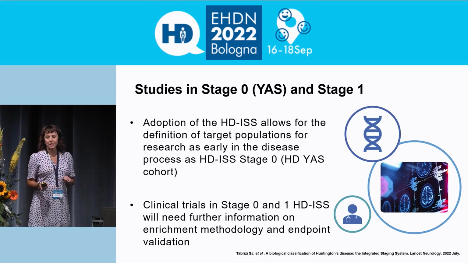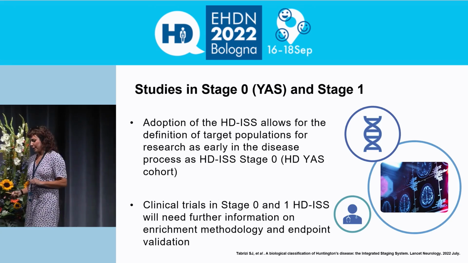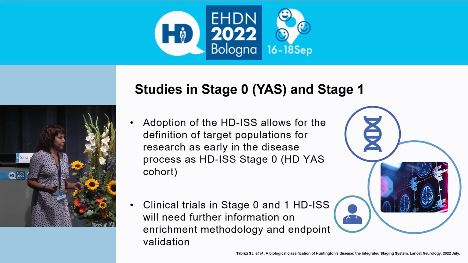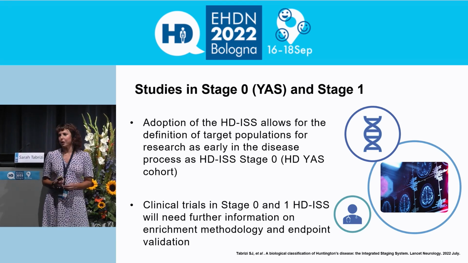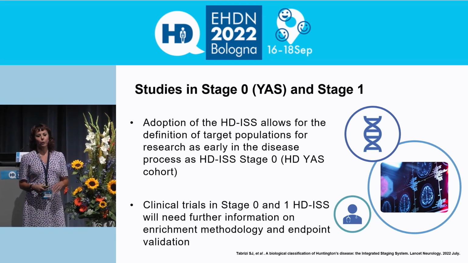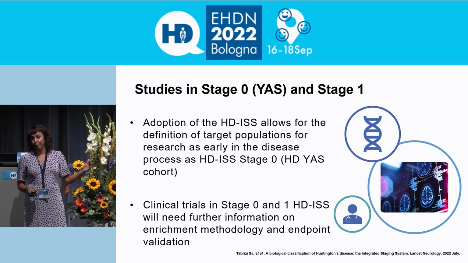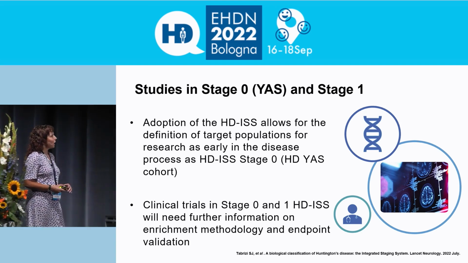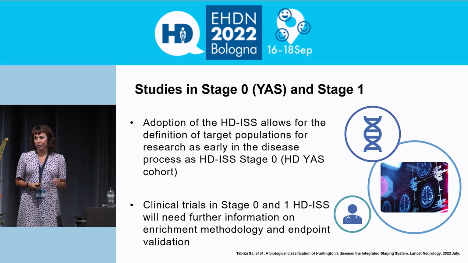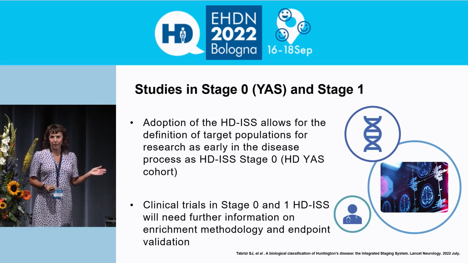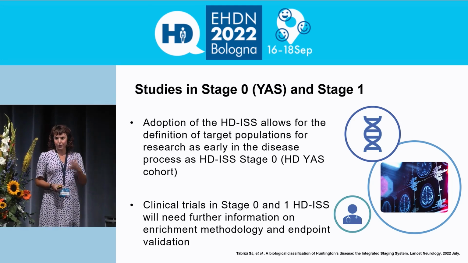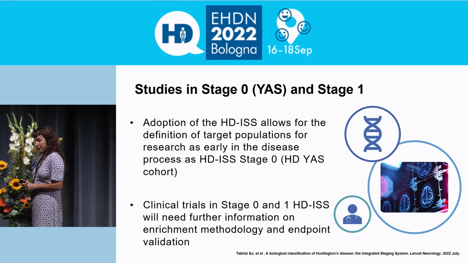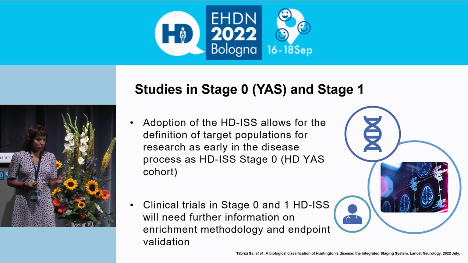So, studies in stage 0 and stage 1. I have presented on a number of occasions the HD Young Adult Study, which we're doing, which is studying people decades before onset. We published the first paper in The Lancet Neurology about 2 years ago. It's studying very young HD gene carriers versus a large number of matched controls, at a mean age of 25 years before predicted onset.